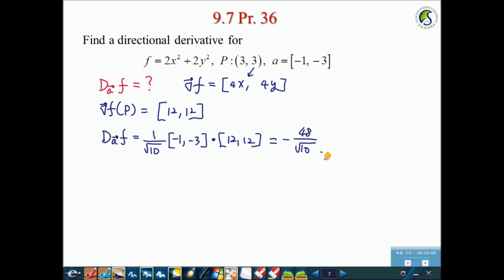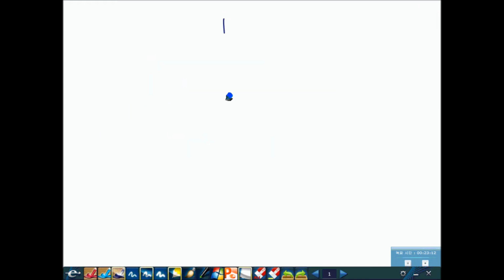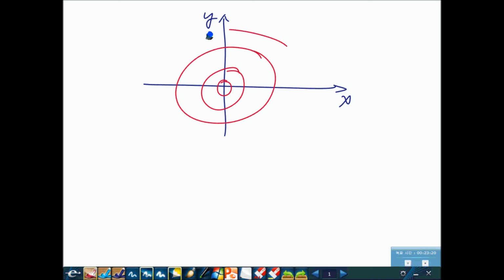If you draw that, you should always be able to draw the graph. This is actually a circle, and P is like (3, 3), and A is something like that.